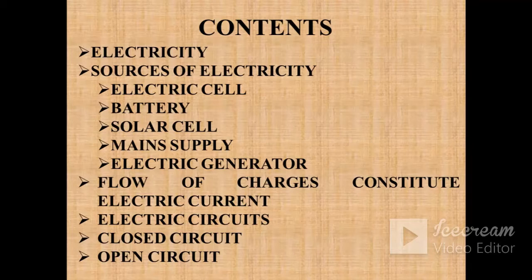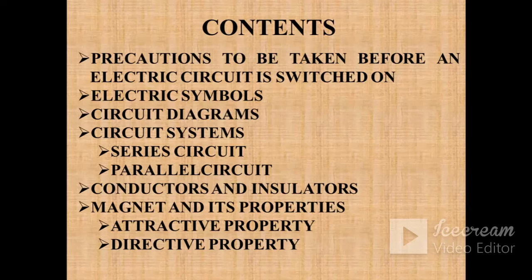Then we have seen what are electric circuits, closed circuits and open circuits. Then we have discussed a few precautions that are to be taken before an electric circuit is switched on. And at the last we had discussed electric symbols.